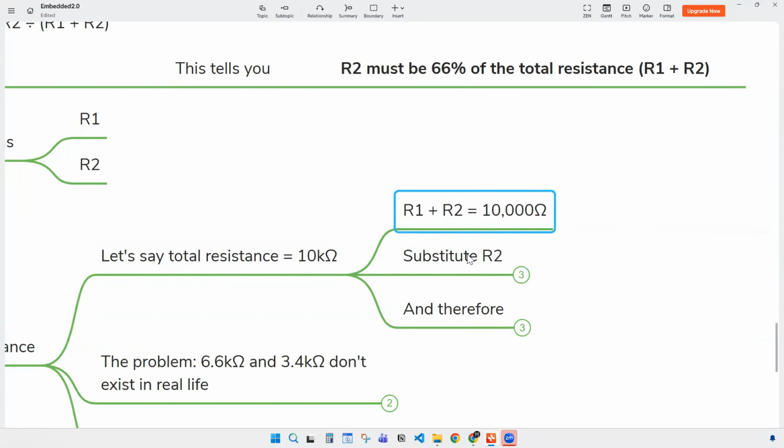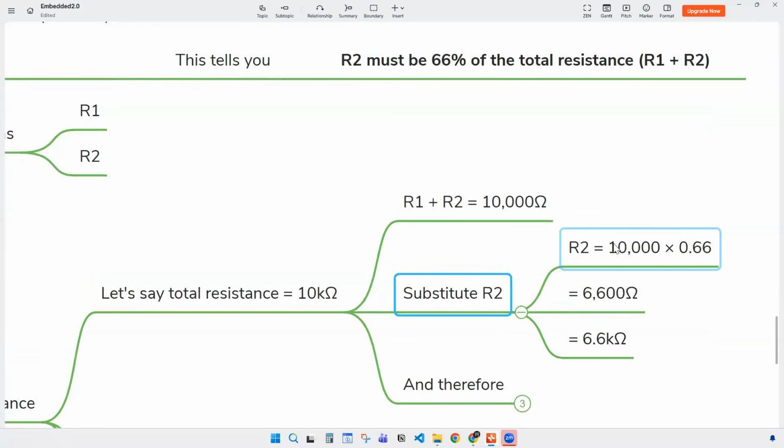Now let us substitute into R2. R2 is 10,000 multiplied by 0.66, because we already know it is around 66%. Not percent, but 0.66. The output value is 6,600 ohm. Converting to kilo ohm, it is 6.6 kilo ohm. Guys, are you clear how we have calculated R2?